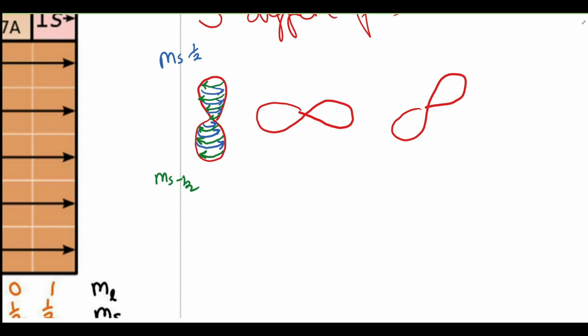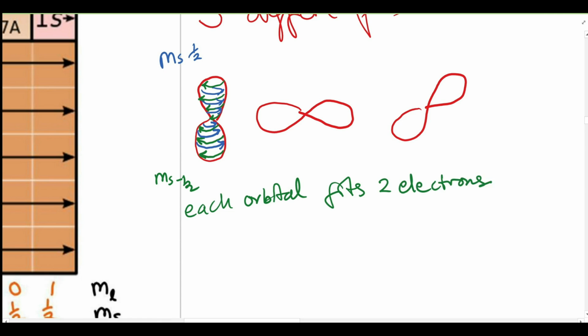They just spin in opposite directions. There are 2 of them, and they could occupy the same orbital. Hence, each orbital fits 2 electrons. But the point is that each of these electrons has a different state. Otherwise they're identical, except one of them is clockwise and the other one is counterclockwise.